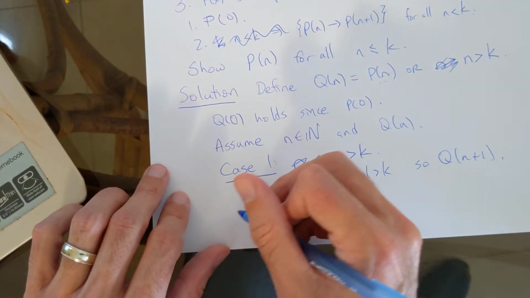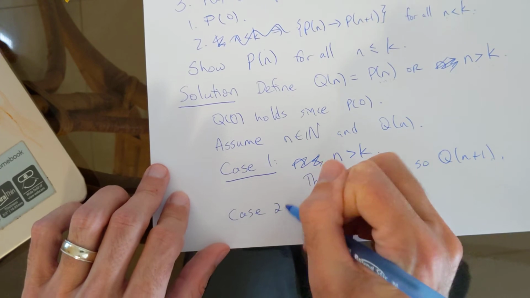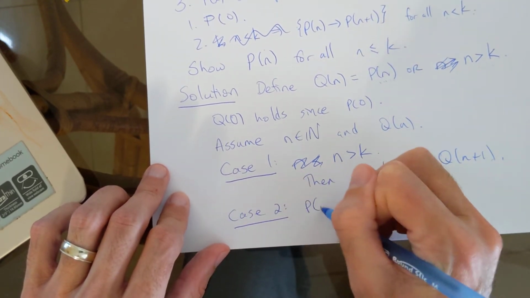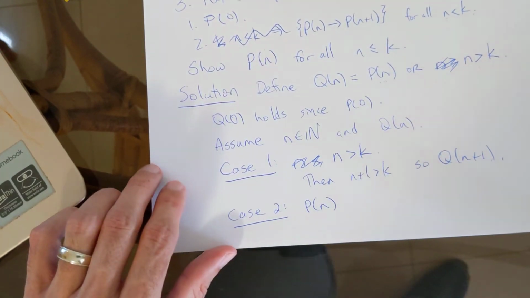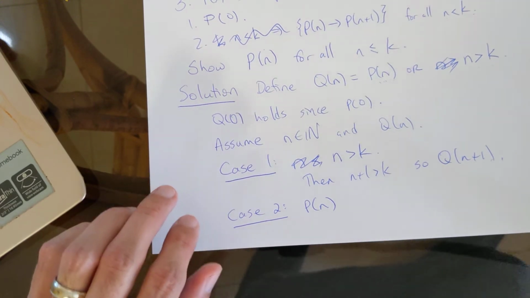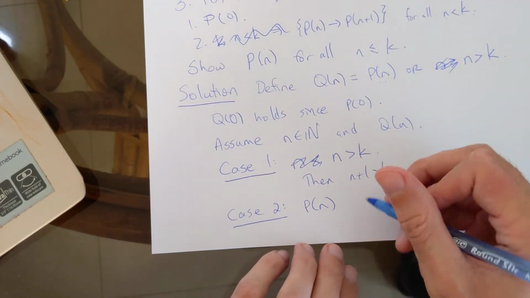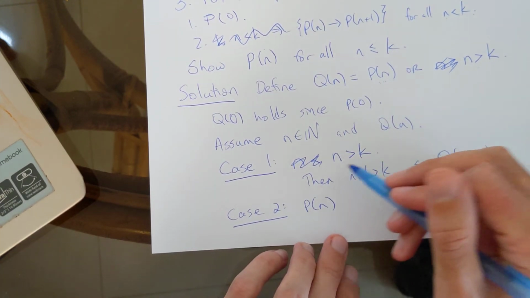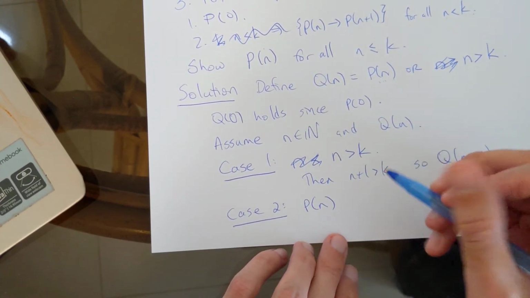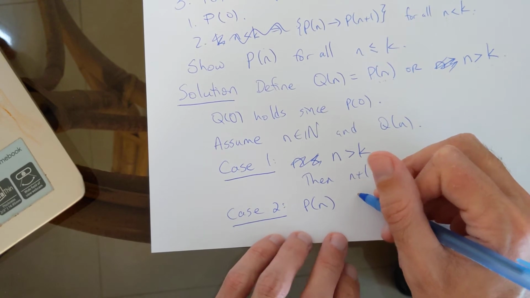The other case is that P of n holds. Okay, in this case, there's two possibilities. We know that either n is bigger than k, n equals k, or n is less than k. So we have subcases.